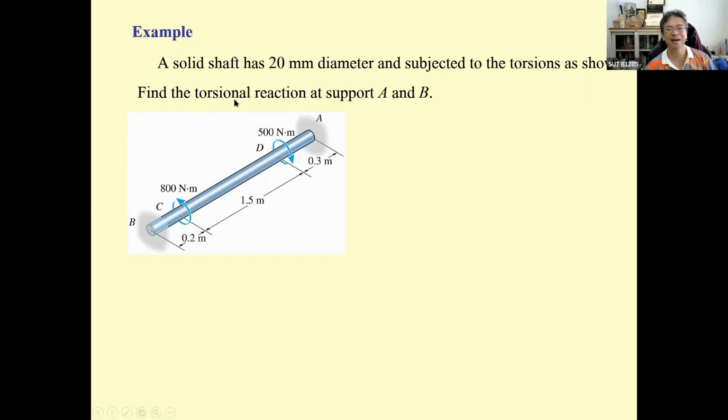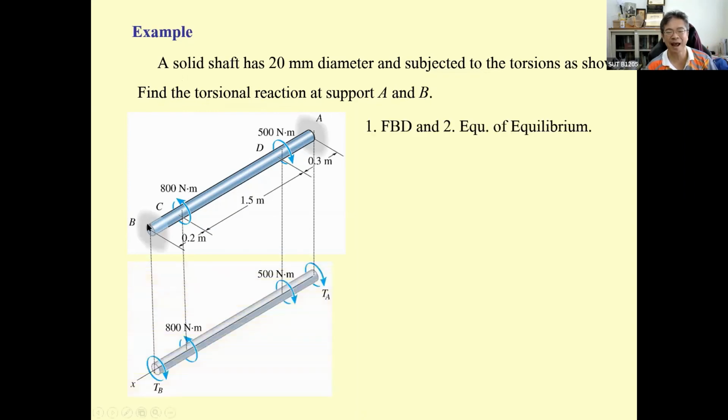Okay, find the torsional reactions at A and B. The problem is going to get a little bit harder because there are two external torsions, but don't worry, it's going to be the same thing. There is going to be T sub A and T sub B, and you put them in the same direction.